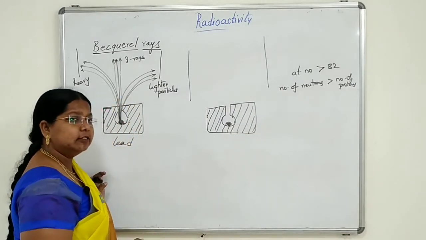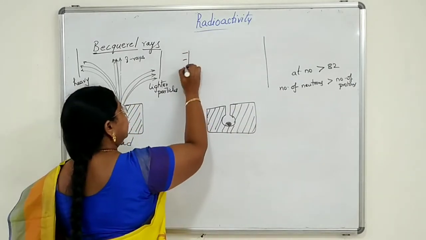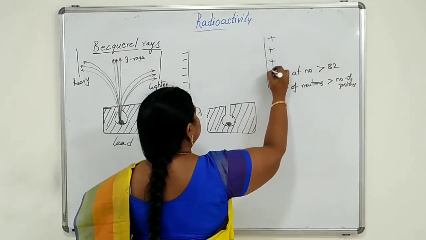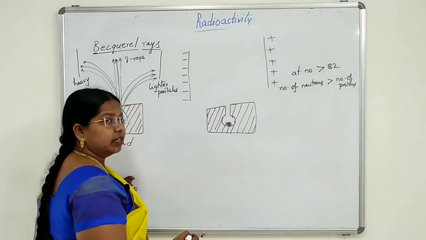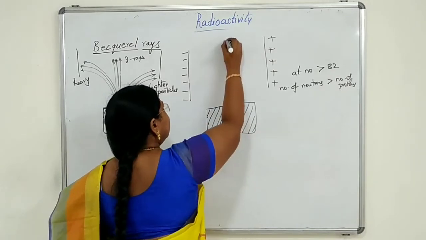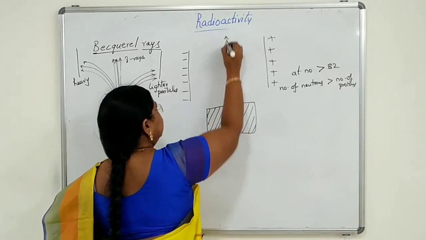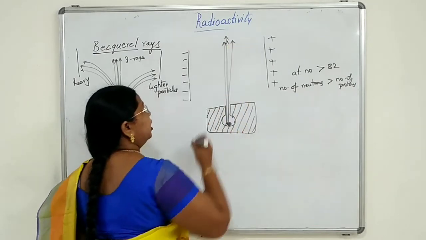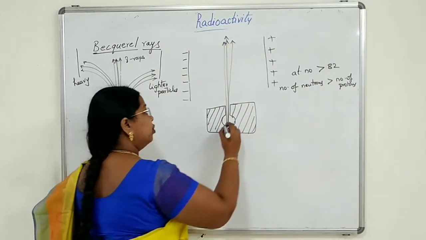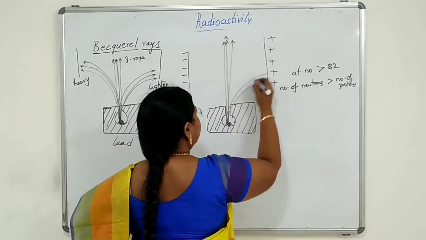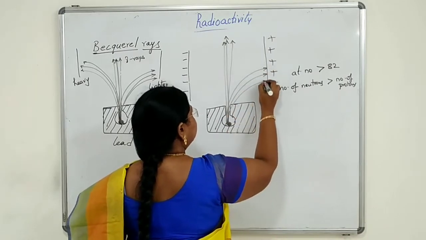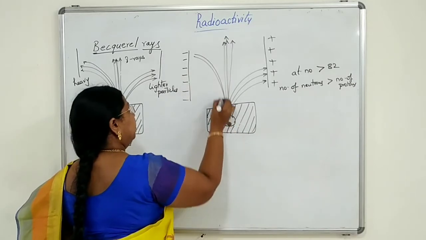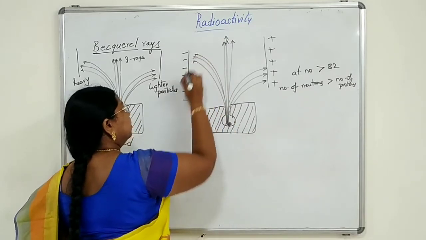In the electric field, one plate is connected to the negative terminal and one to the positive terminal. A few rays are unaffected, with no change. They went straight without any deviation, and a few bent towards the positive plate and others bent towards the negative plate.